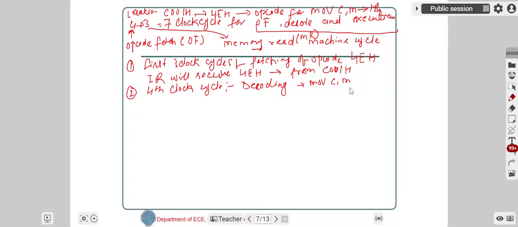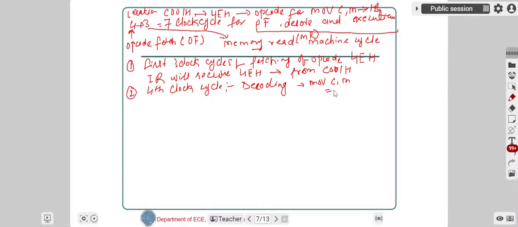Okay, and these four T states constitute the opcode fetch machine cycle. The four clock cycles are required because the microprocessor has already been programmed by the designer as to how many machine cycles it would require to execute this instruction.